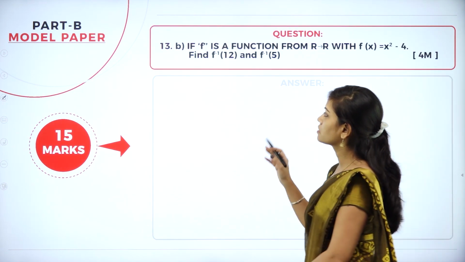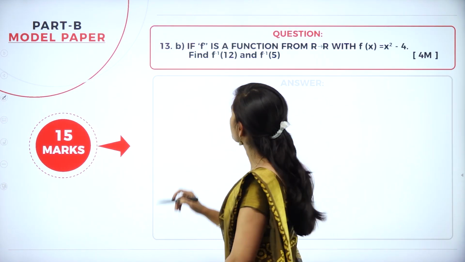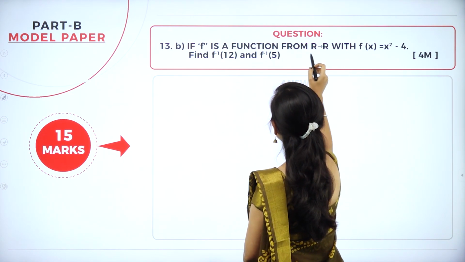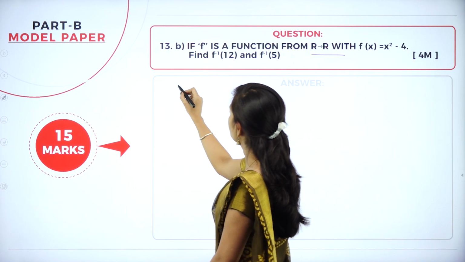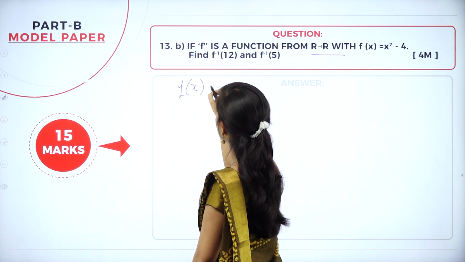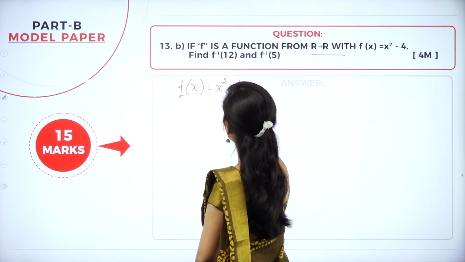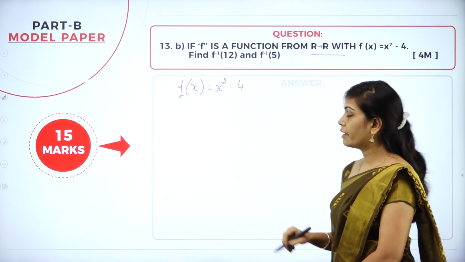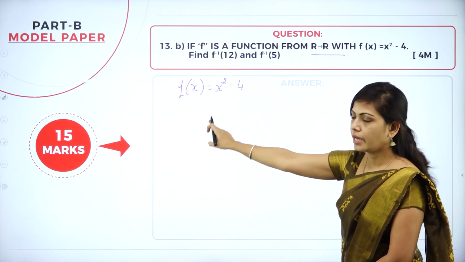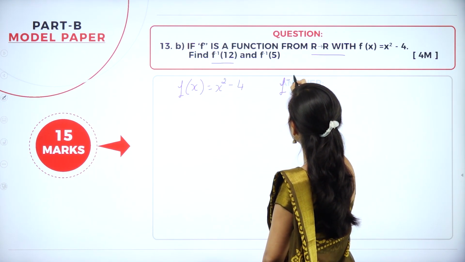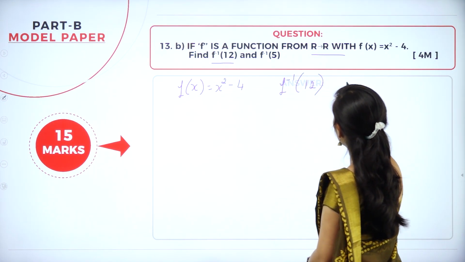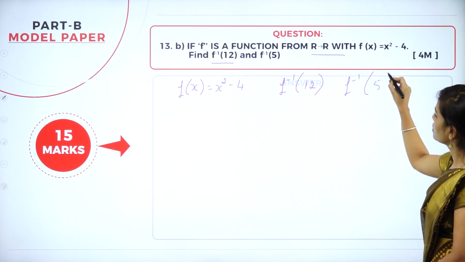And the next question is question number 13B. If f is a function from R to R with f of x equal to x square minus 4. The given f of x is equal to x square minus 4. Find f inverse 12 and f inverse 5.